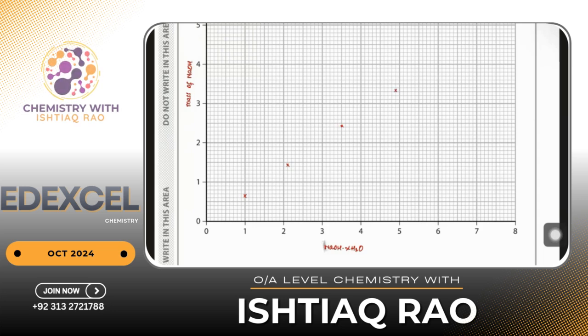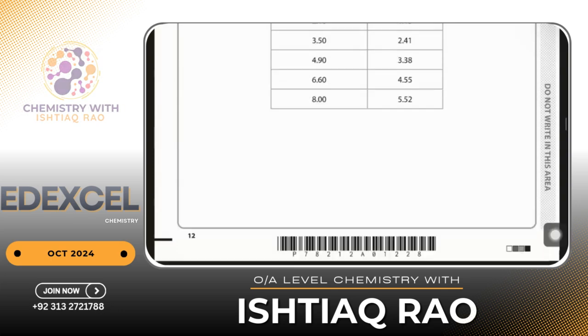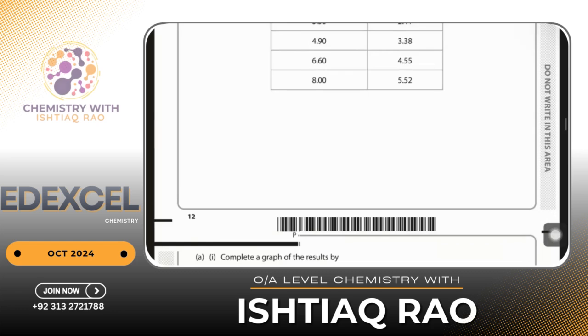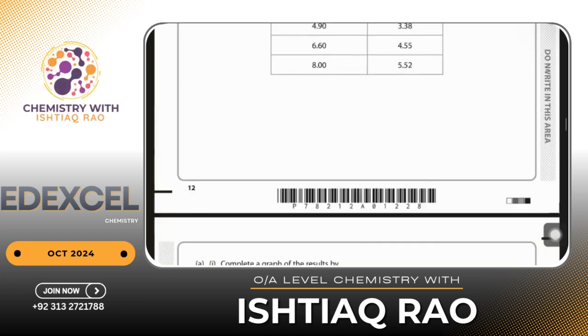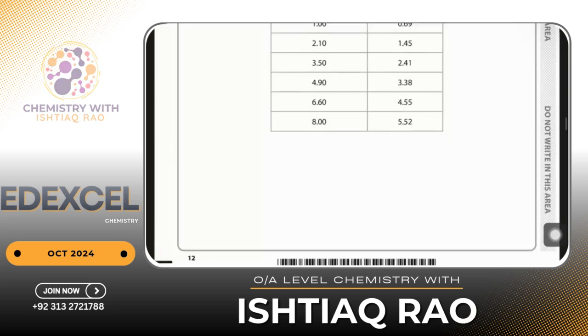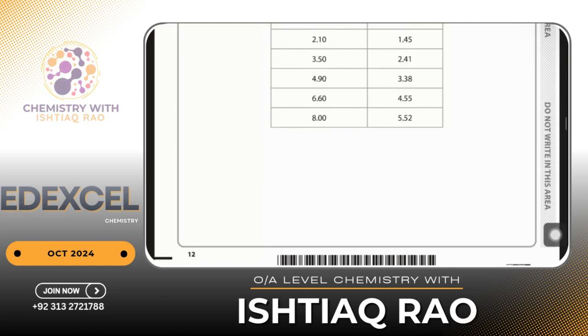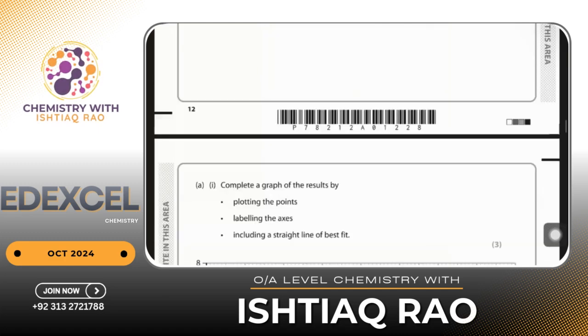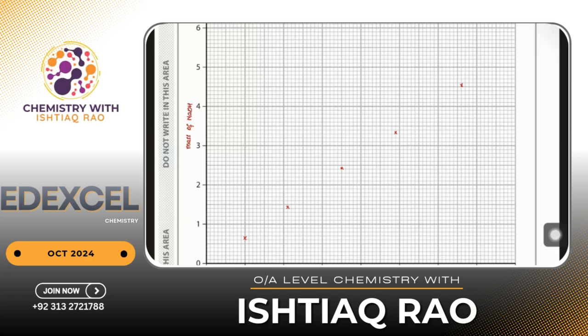Then at 6.6, it's 4.55. This is 5, so 4.55 would be there. And the last one, at 8, it's 5.52. 5.52 would be this one.